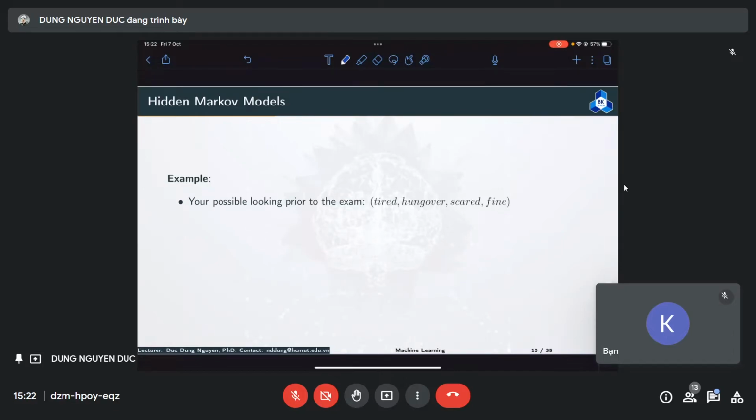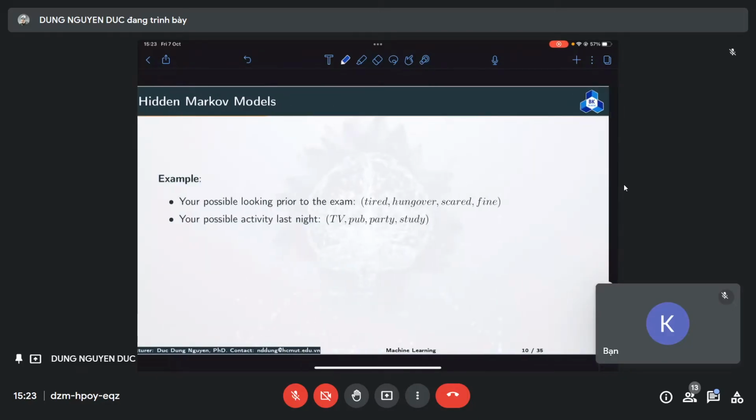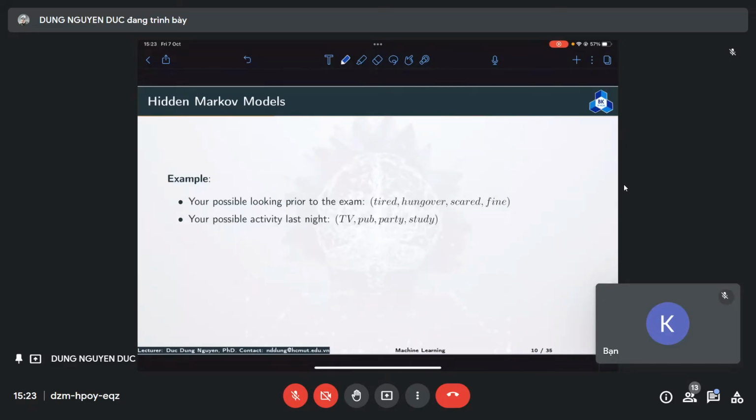Then my job is to try to predict what you did in the last 2 days and today to make you feel so bad like that. And that's the problem of the hidden Markov model. Trying to predict a sequence of hidden states given a sequence of observations. Okay. And this is why we have some example like this. Okay.